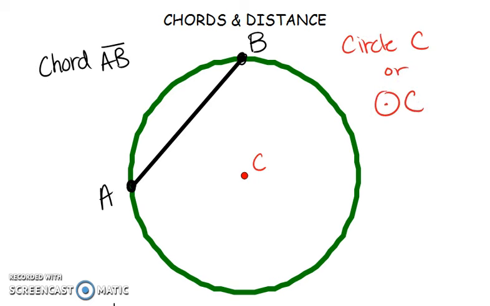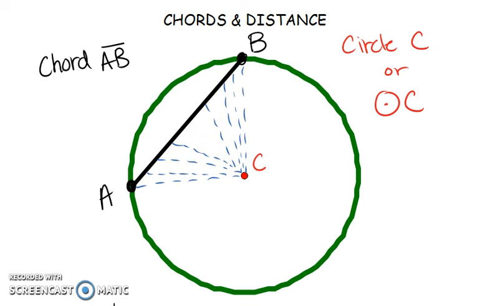Now if I want to know the distance from this chord to the center of my circle, there's many ways we could get there. We could travel there from point A, we could travel there from point B, we could travel there from some point along the chord. I'm just choosing randomly now. As you can probably start to see, there's many different ways to travel from the chord to the center of the circle.